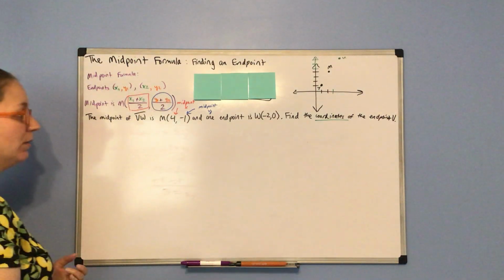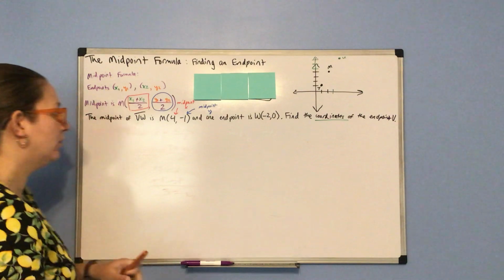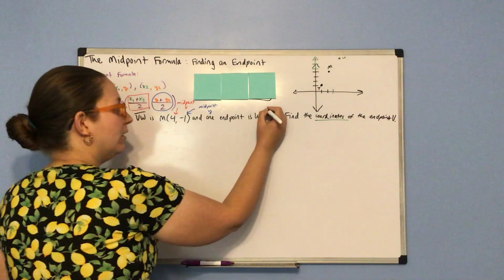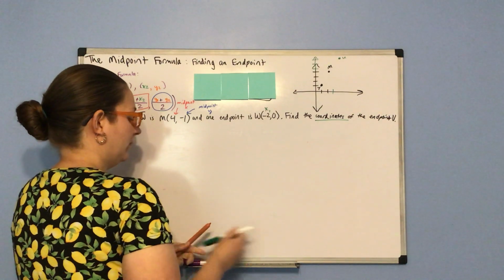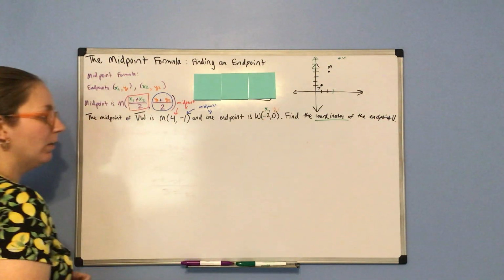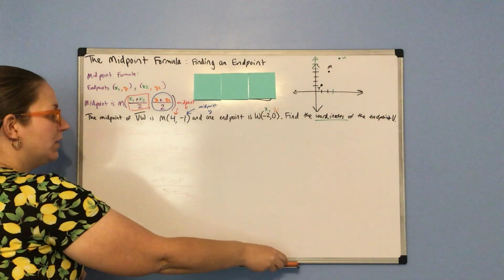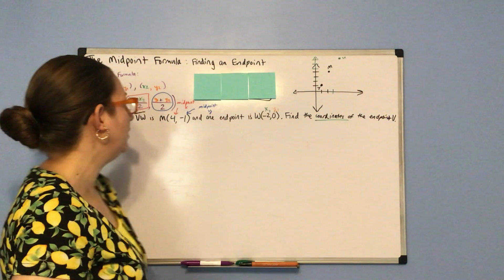Let's just call that endpoint x1 and y1. And so the x coordinate of my endpoint is -2. We'll call that x1. The y coordinate of my endpoint is 0. I'll call that y1.